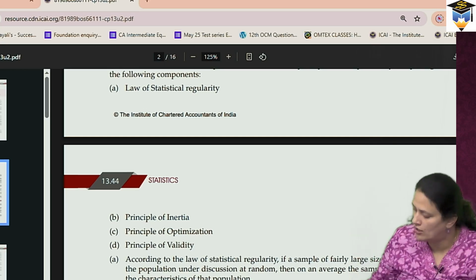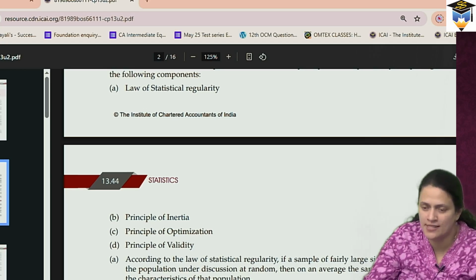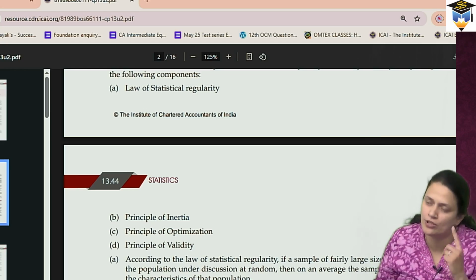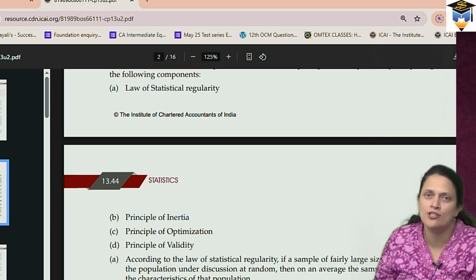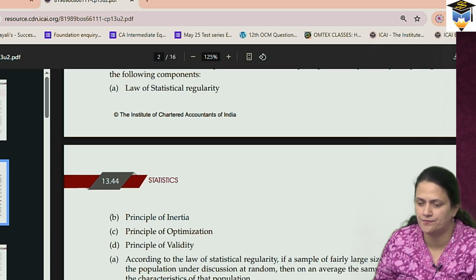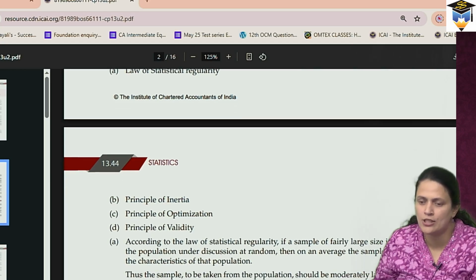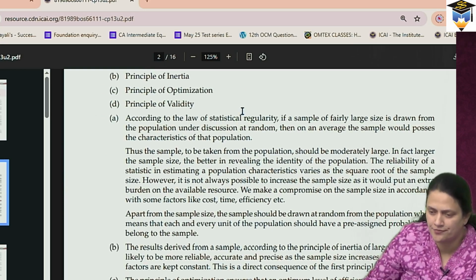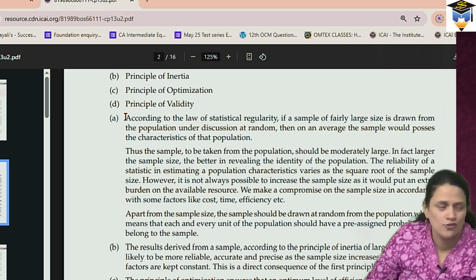Now let us go through the different principles. Write down the principles of sampling. First principle, the law of statistical regularity. Just read this point.